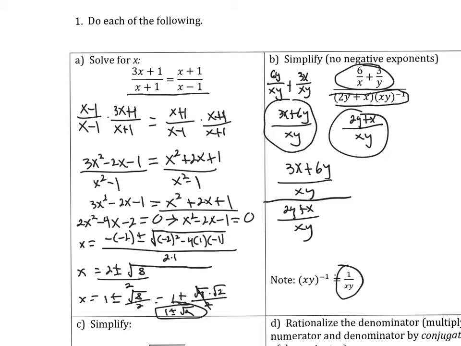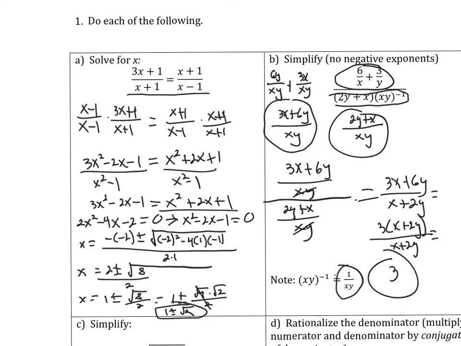Well, because we have this same denominator in both, we can just make this equal to 3x plus 6y over, I'll rewrite the order here, x plus 2y, and that is equal to just 3 times x plus 2y over x plus 2y, and that just simplifies to 3.